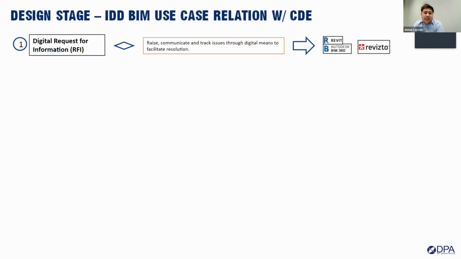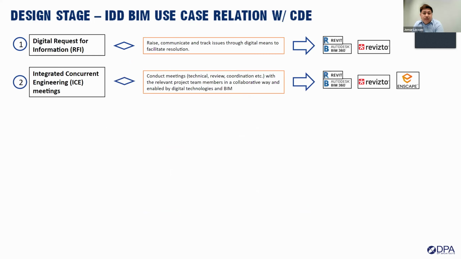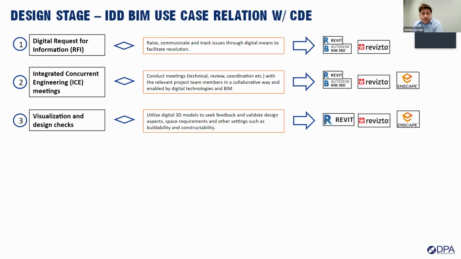So for example, for digital requests for information, we have a solution of the software that we are going to use. For example, when we do ICE, we will conduct ICE meetings by using the Revit tool, BIM 360, Revizto. Our visualization checks, we'll be using 3 different software.